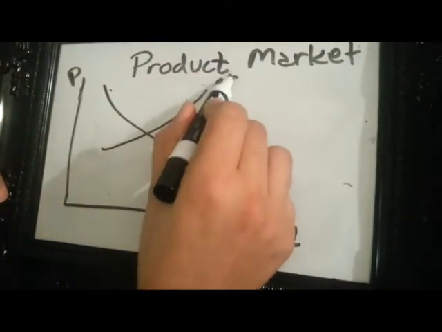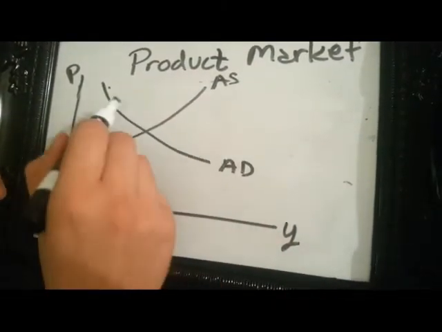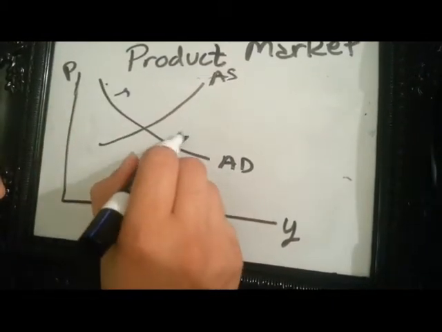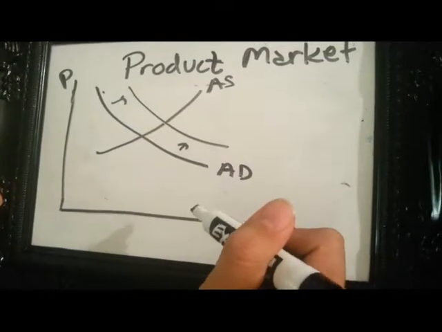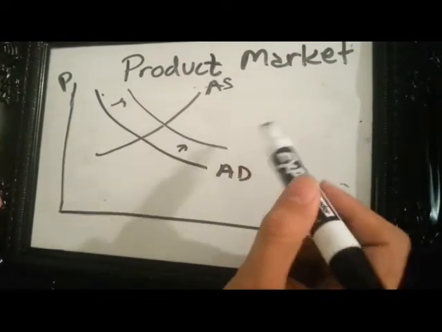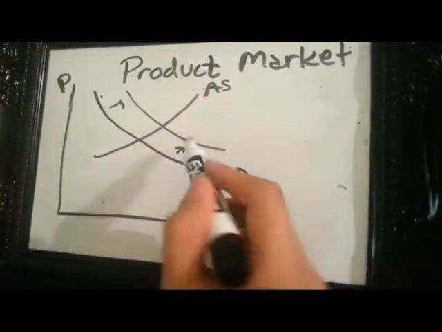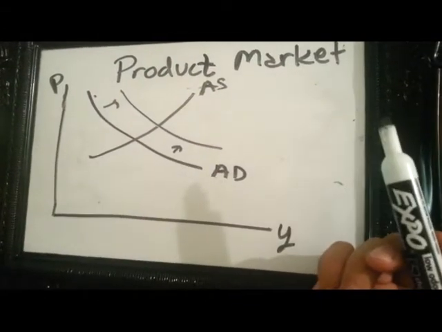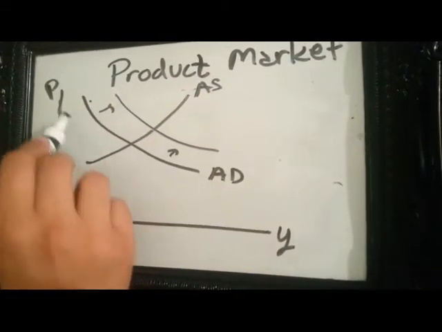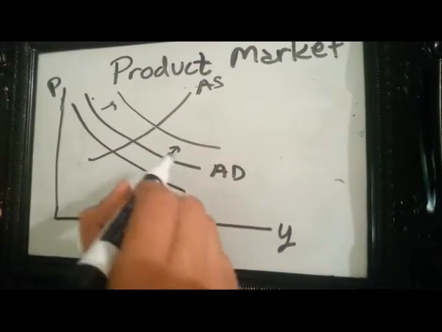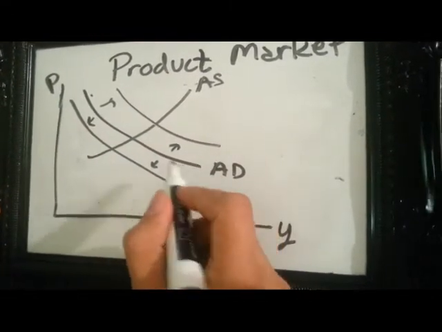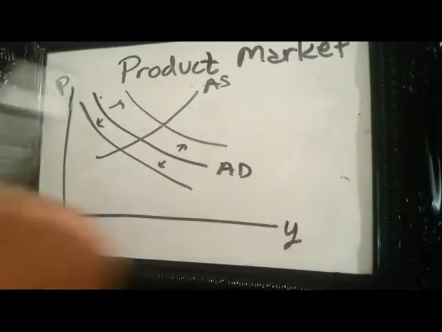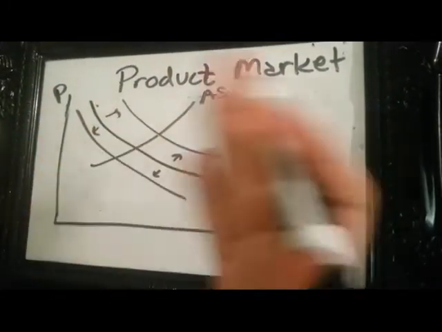So here we have aggregate supply. We are more concerned with either shifting demand out and lowering the interest rate, making it easier for consumers to get loans from banks. Or we can increase the interest rate, effectively decreasing aggregate demand and making it harder to get a loan.